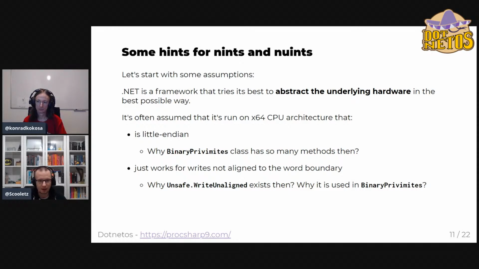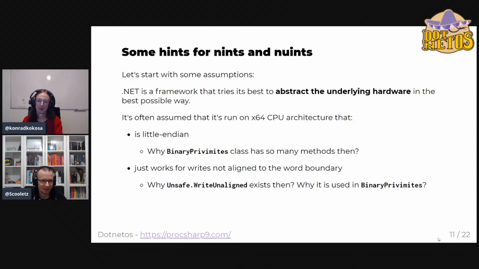For architectures like x64 this is just fine, but there are architectures like ARM which need to align it properly. So we can assume that we always run on x64, but .NET still provides capabilities that abstract the underlying hardware differences.